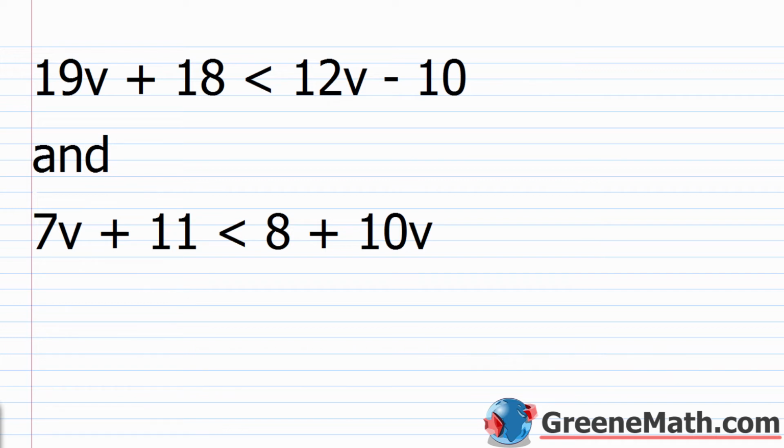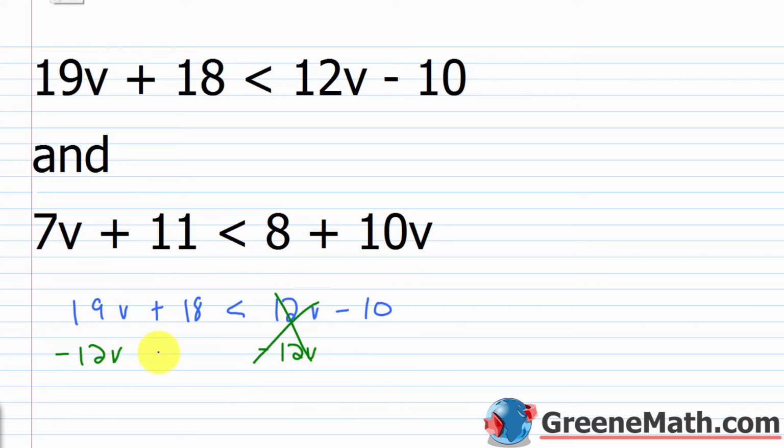So we have 19v plus 18 is less than 12v minus 10, and 7v plus 11 is less than 8 plus 10v. So if I start with this first one here, 19v plus 18 is less than 12v minus 10. So I'm going to subtract 12v away from each side.